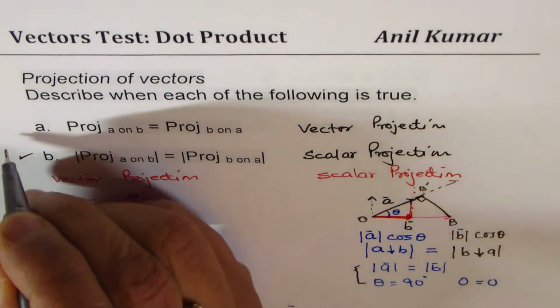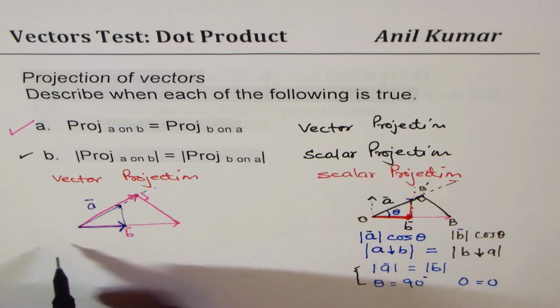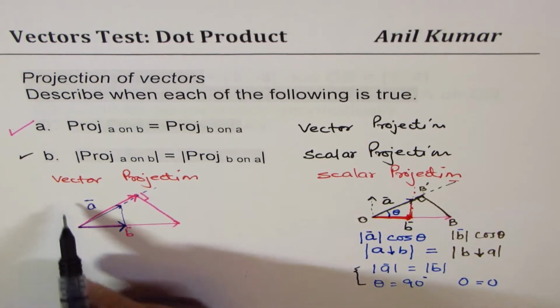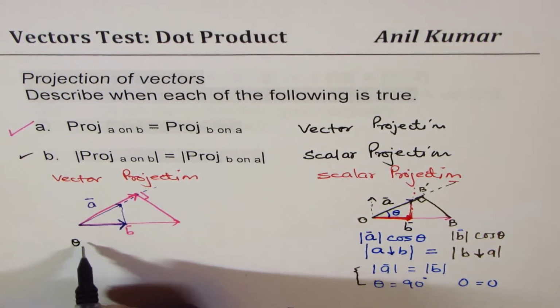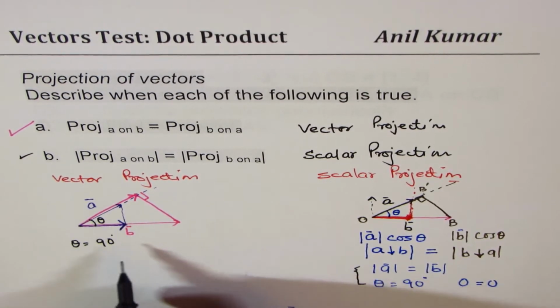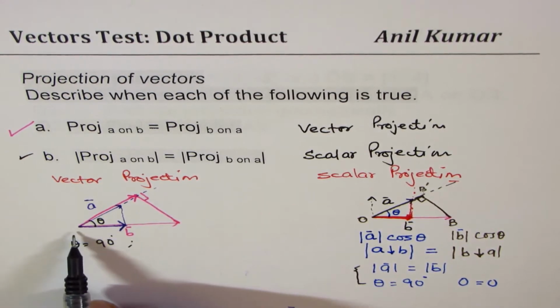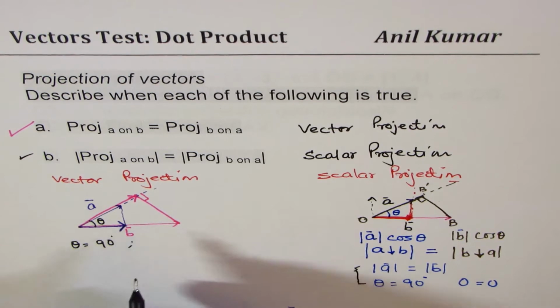Now the question is, we are looking into part A now. Where are these two equal? As we reasoned out earlier, if A and B are perpendicular, that is if the angle theta between them is equal to 90 degrees, in that case they'll be equal, correct? That's one thing. Second, very important thing here is the direction.